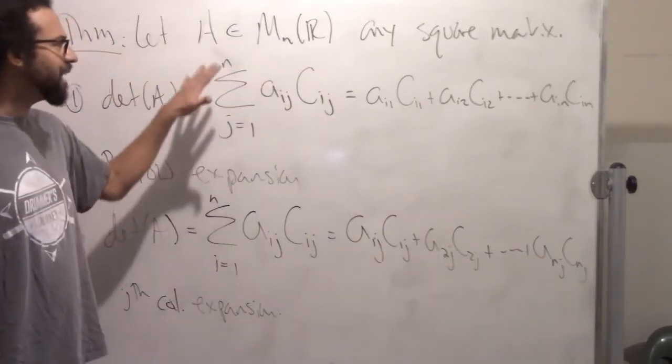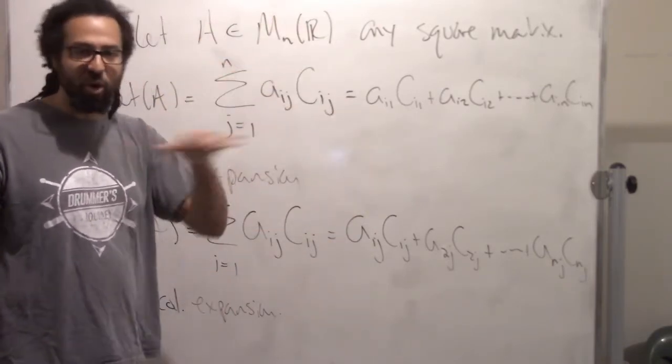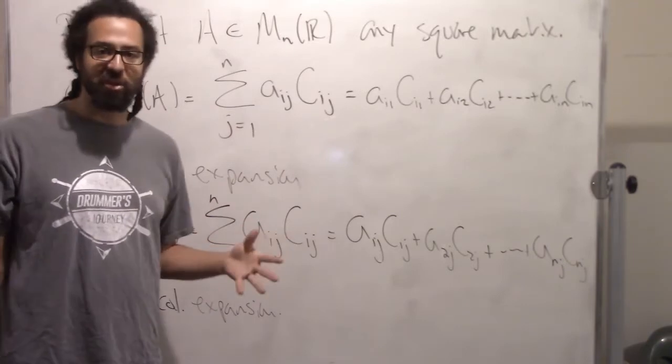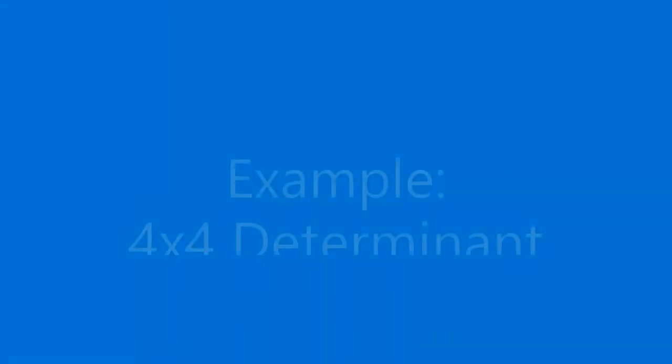Okay, let's use this theorem to pick some convenient row or column, and we will compute the determinant now of a 4 by 4 matrix.